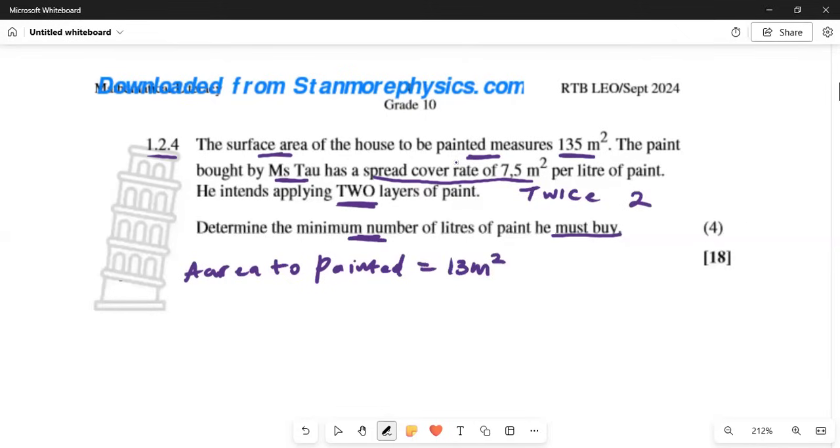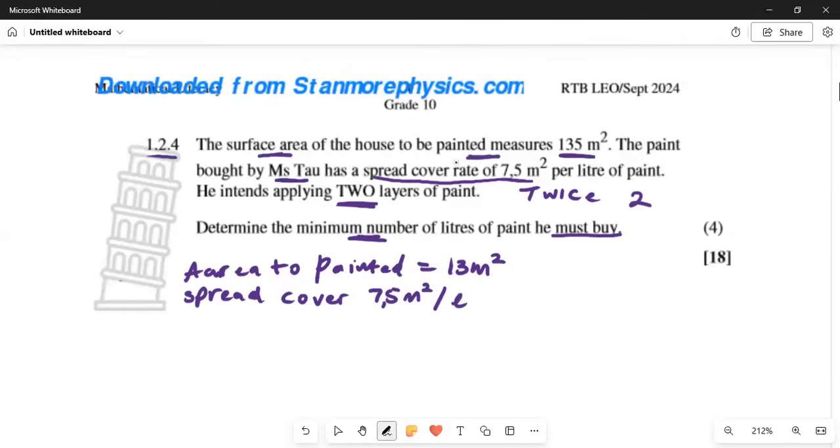And then the spread cover rate, the area that must be covered, is 7.5 meters squared per liter.